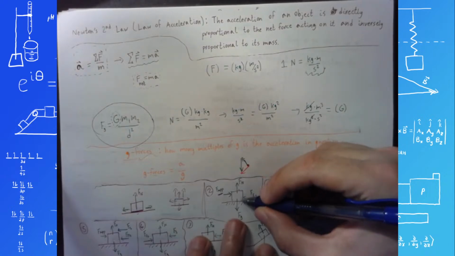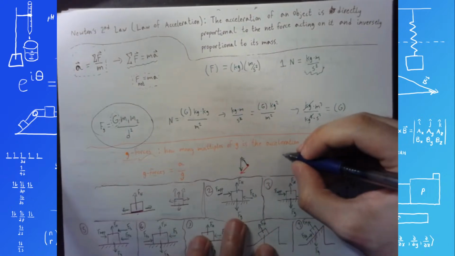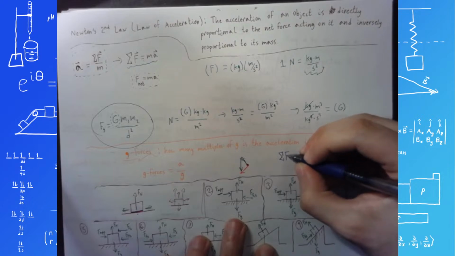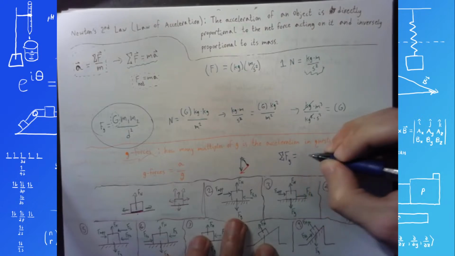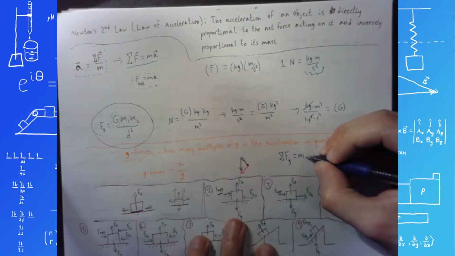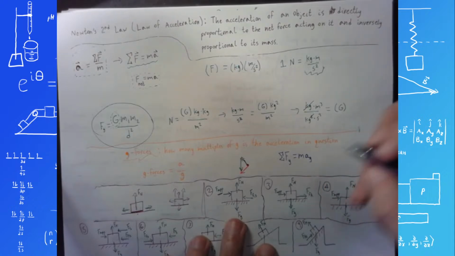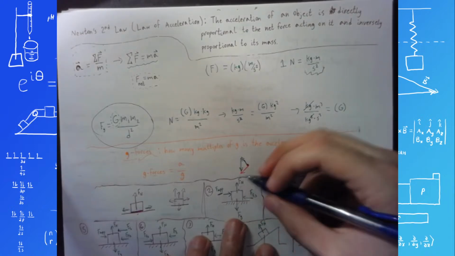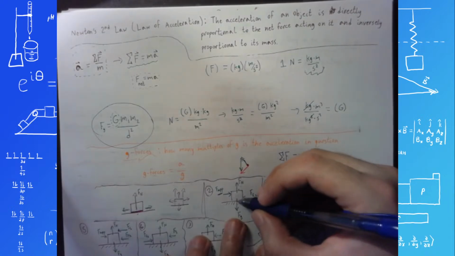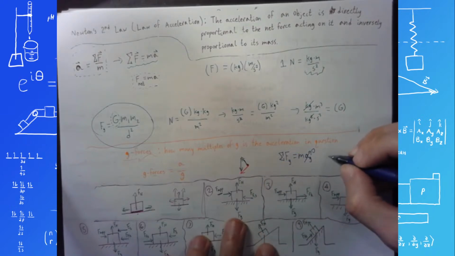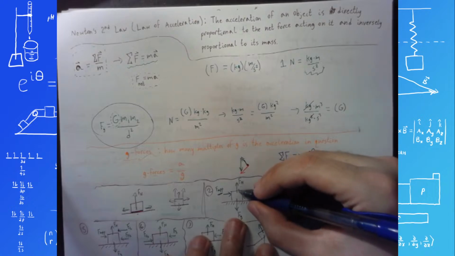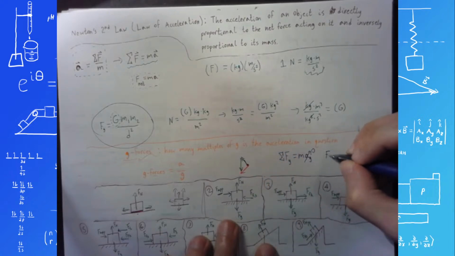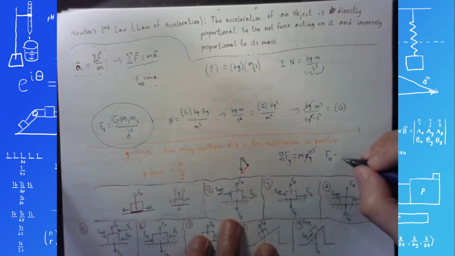So we know that the net force in the y direction must be equal to the mass of the object times the acceleration of the object in the y direction. Well, the acceleration in the y direction is 0. We can just see that through common sense. So in this type of scenario, the net force would be forces upward minus forces downward: normal force minus force of gravity.